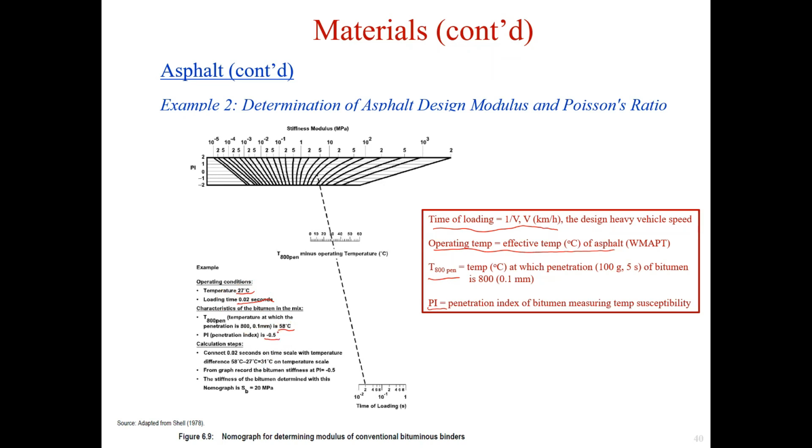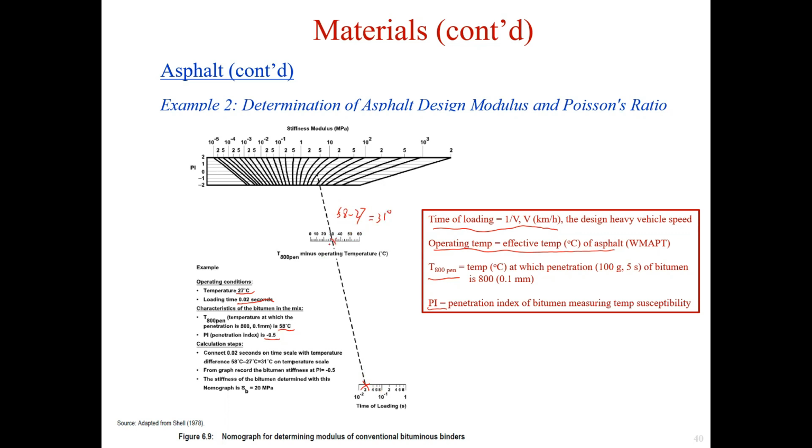So firstly, we need to connect 0.02 seconds on the time scale with the temperature difference, 58 minus 27, equal to 31 degrees.